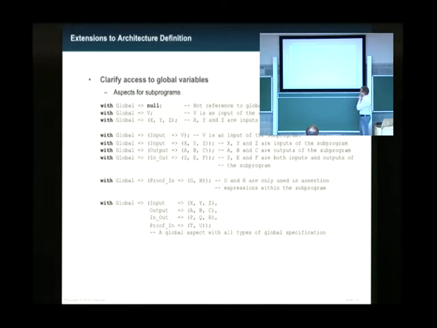As I mentioned, we are not going to see everything because it's not very interesting, but one of the things that you can express with the new language is the way you access global variables. When you implement your program, you need to say, okay, I want to use this global variable as an input, or as an output, or both input and output, and that you can define with this syntax.